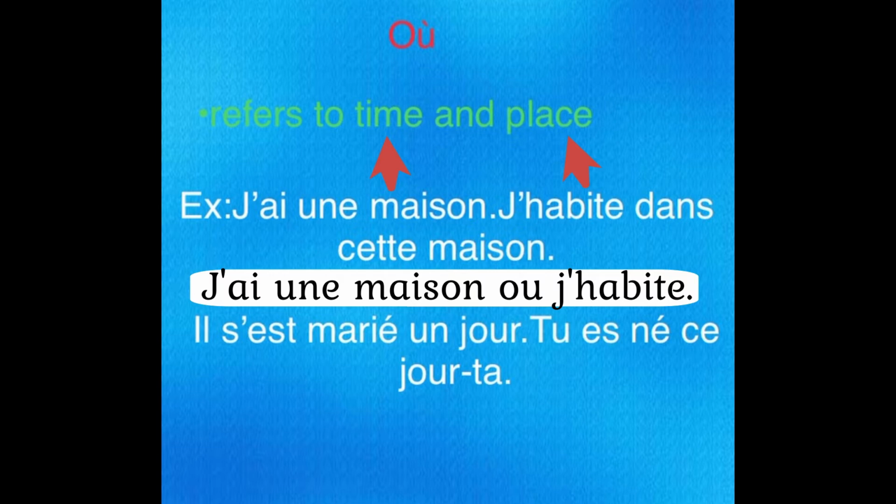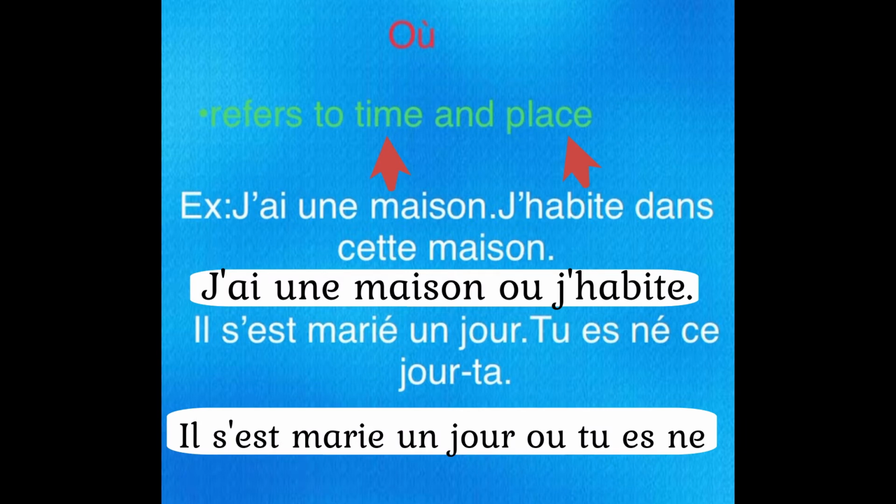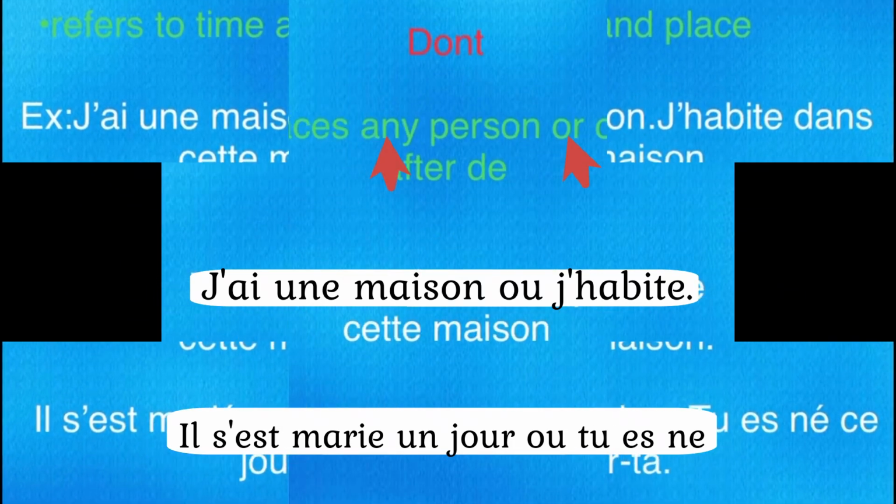For this sentence we can see that ce jour-là refers to time, so où will be used. So the sentence will become "Il se marie un jour où tu es né." It literally translates into: he got married a day you were born that day. And now it changed to: he got married a day when you were born.